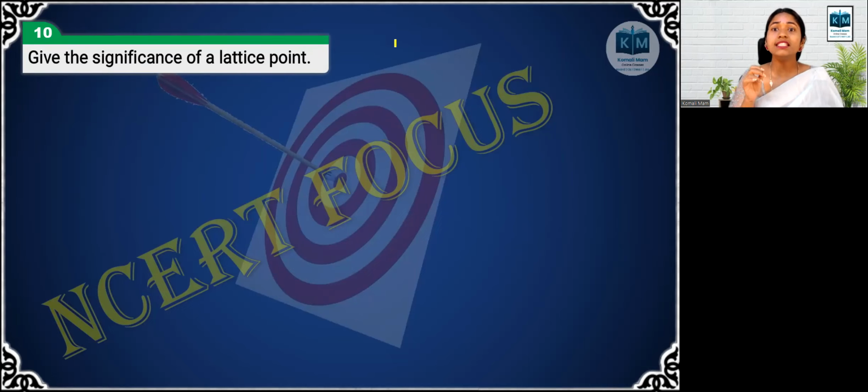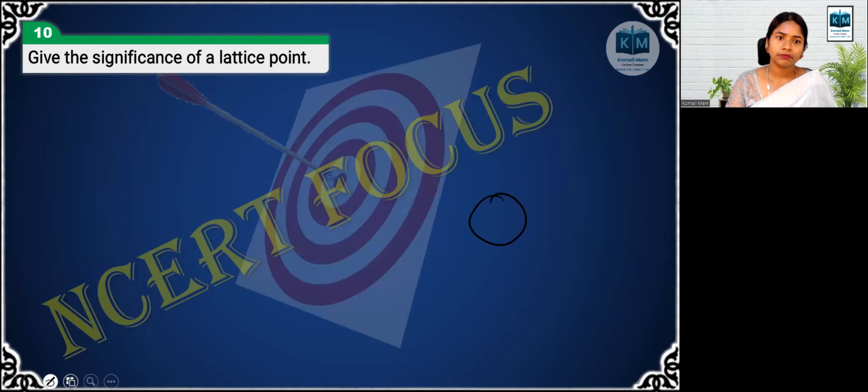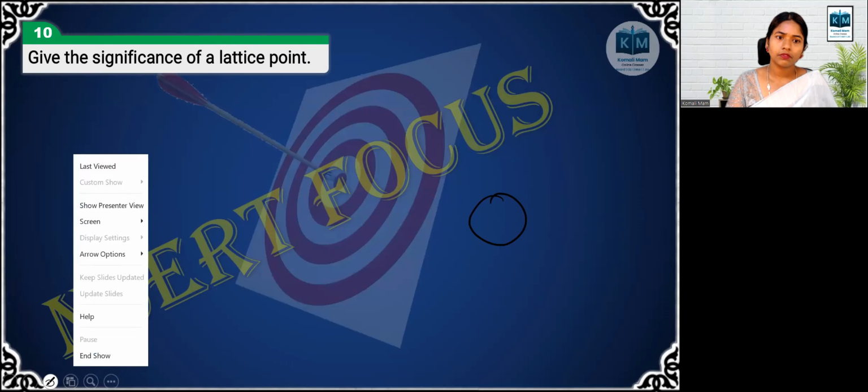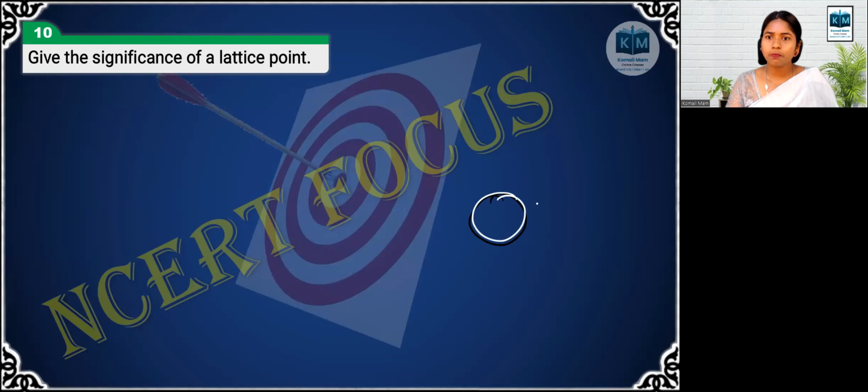Lattice point means representation of atoms in the form of a point. For example, if you see the space filling model, it will be like this. Here is one sphere, space filling model, 4 atoms like this.